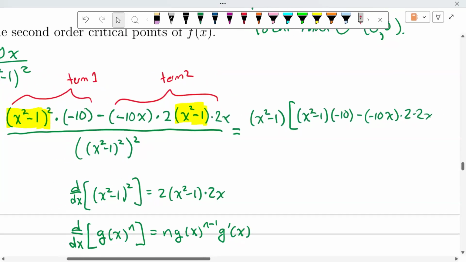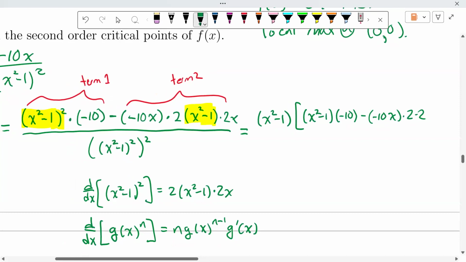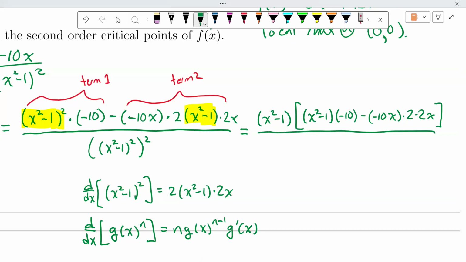And what I've done is I've kept one additional copy of x squared minus 1 present in term 1, because yep, there's two of them. I can only pull one out. As for term 2, I can pull out this x squared minus 1, and there's nothing left of x squared minus 1s. And the denominator, how can I rewrite that?